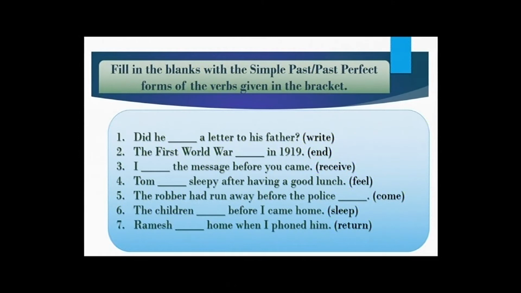You have to check which is to be used. Verbs have been given in the brackets. Note these down in your copies. First, did he dash a letter to his father? Did he dash a letter to his father? And the verb is write.